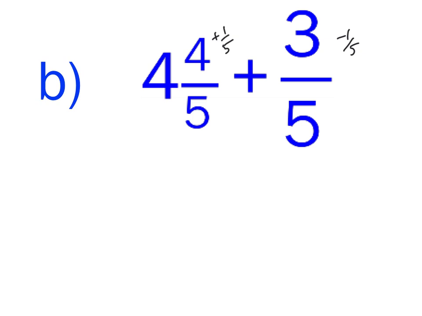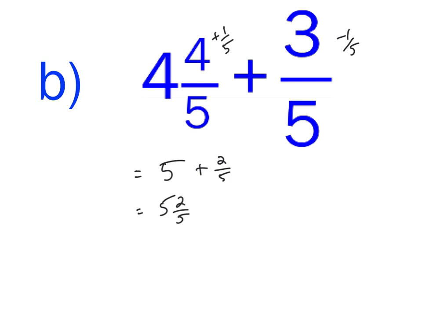So, Coden, what does the first fraction become? 5 wholes. Micah, what does the second fraction become? 2/5. So 5 plus 2/5 is 5 and 2/5.